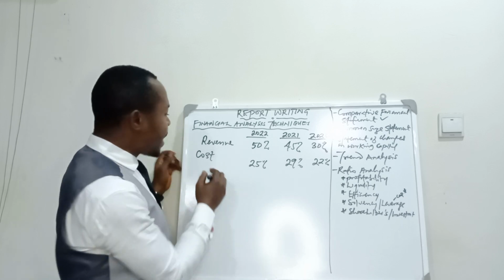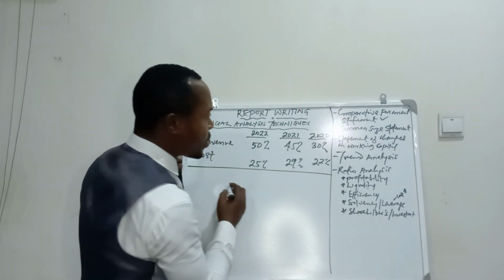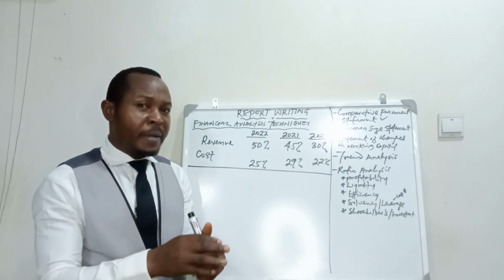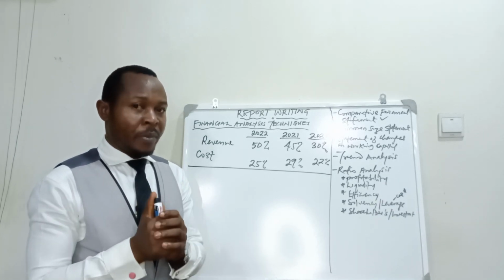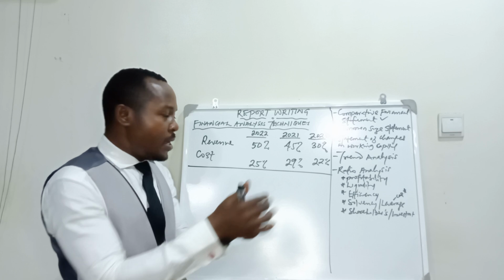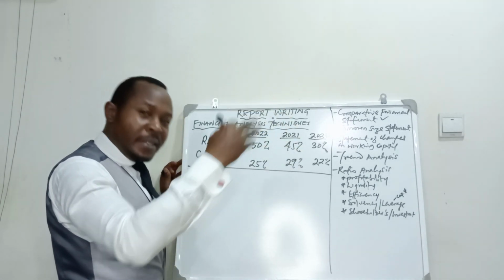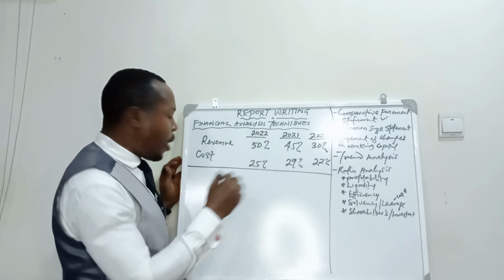The next one is common size statement. Common size statement is about making each item of the income statement be expressed in percentages. I'm talking about income statement now.